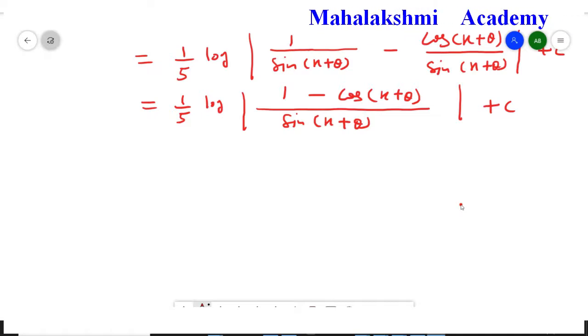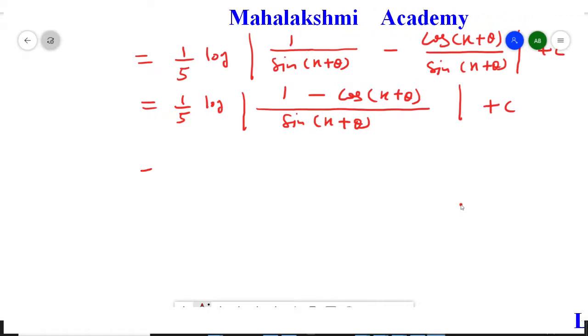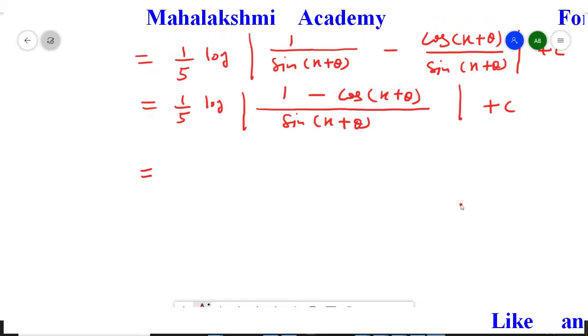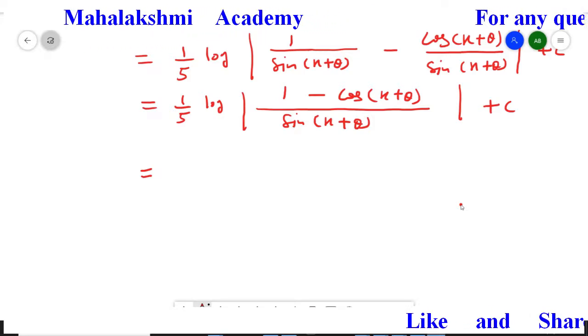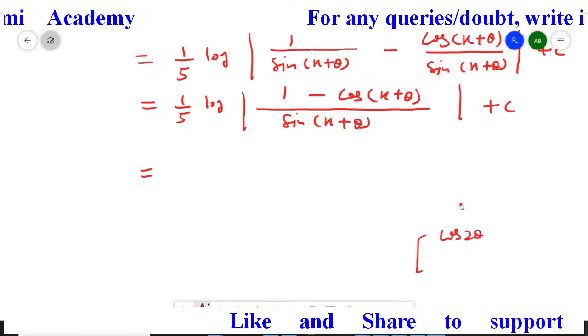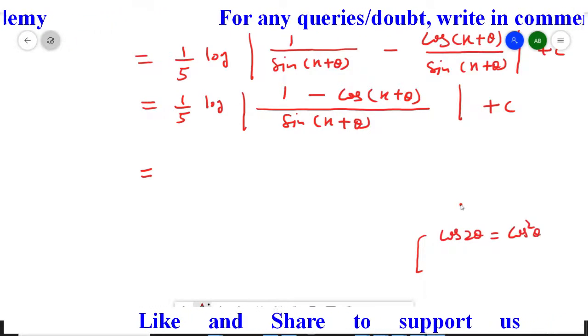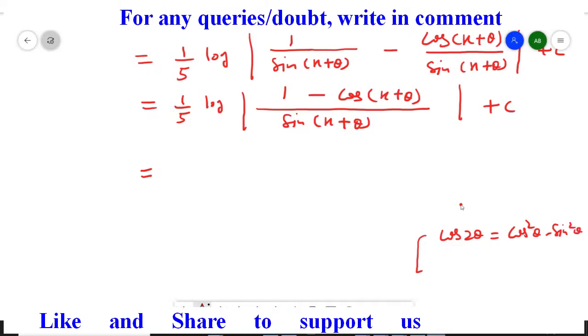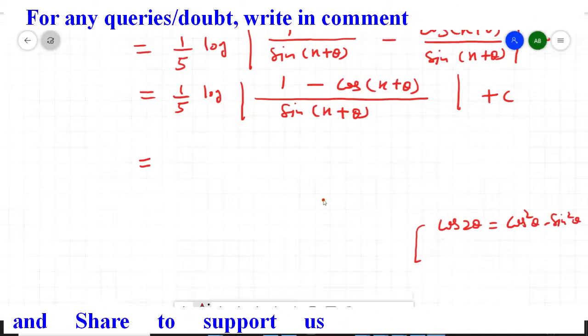So students, there are 2-3 formulas which I am going to explain here. First of all, you all know the cos 2 theta formula, that is cos squared theta minus sin squared theta.